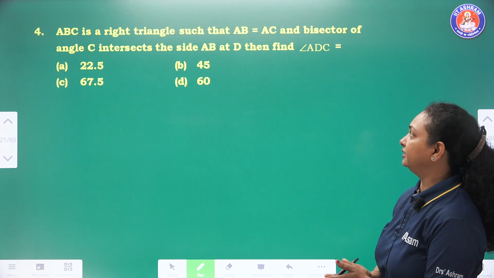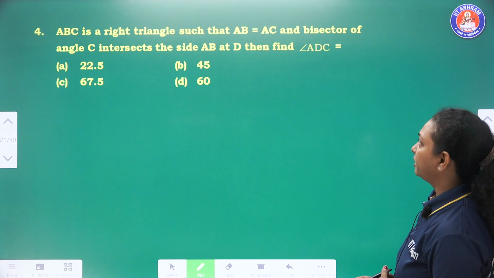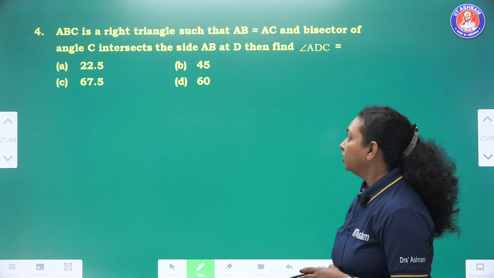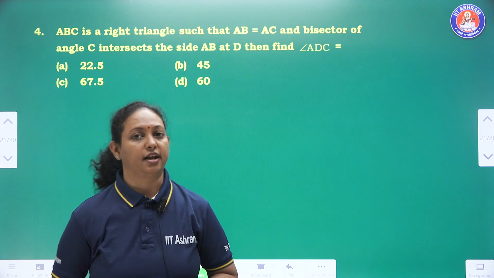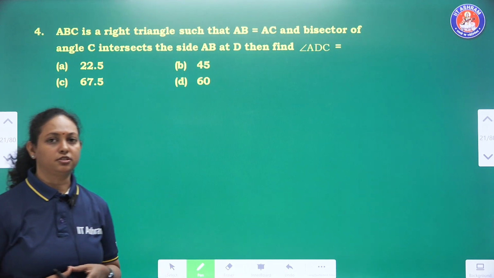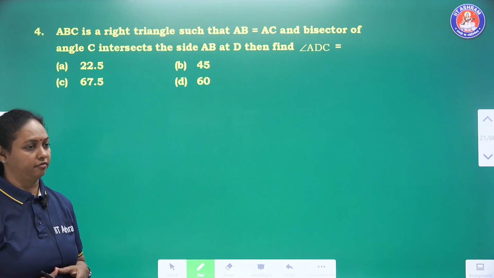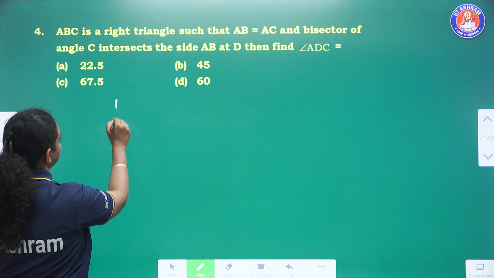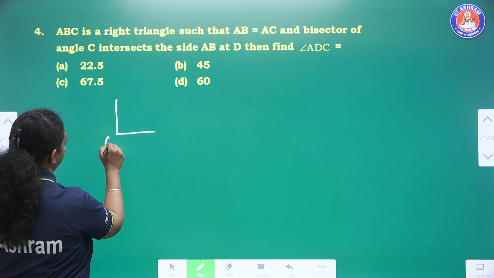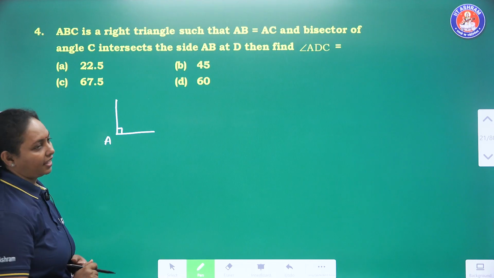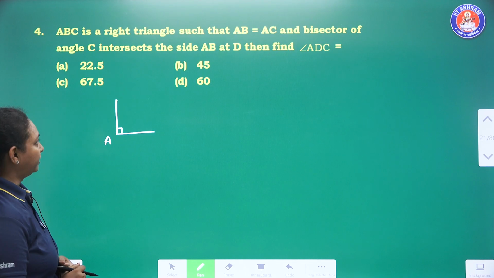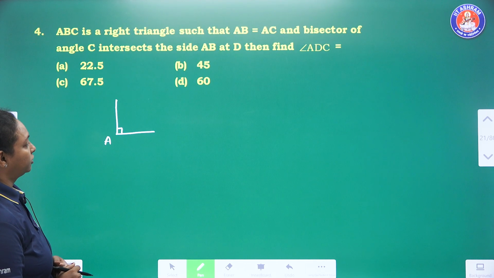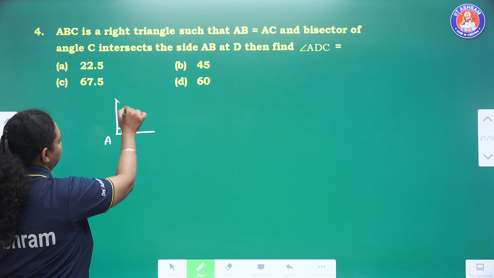ABC is a right angle triangle such that AB is equal to AC. Right angle and two sides are equal. So definitely which two sides are equal? The hypotenuse is not equal, which means the base and perpendicular sides are equal, AB and AC. So we write that A is the vertex where the 90-degree angle is formed, AB is equal to AC.